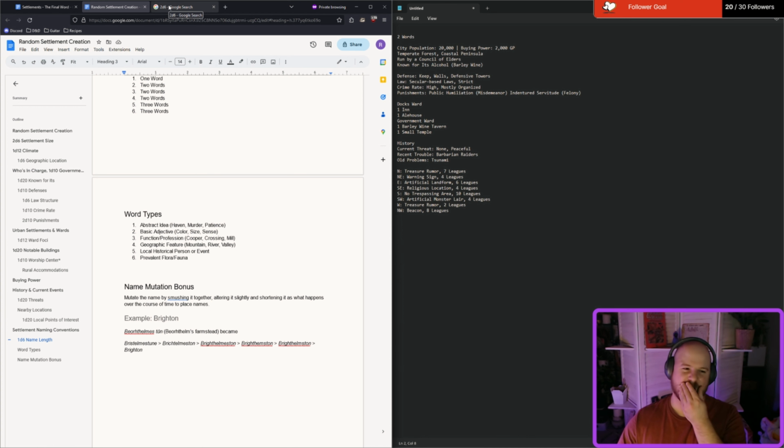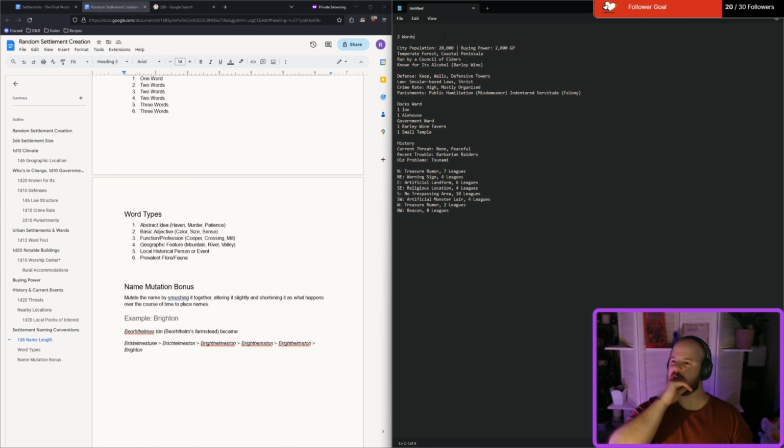Interesting. Alright, so prevalent flora and fauna. Which makes me think, temperate forest, maybe some sort of fish.